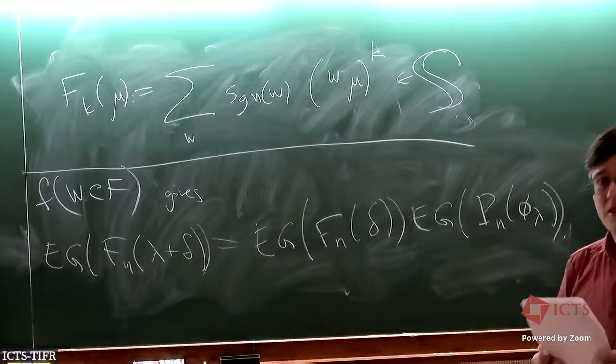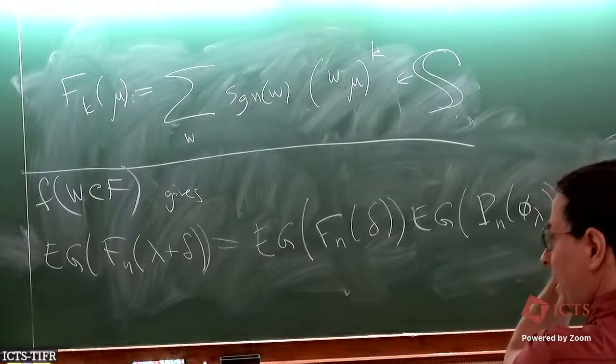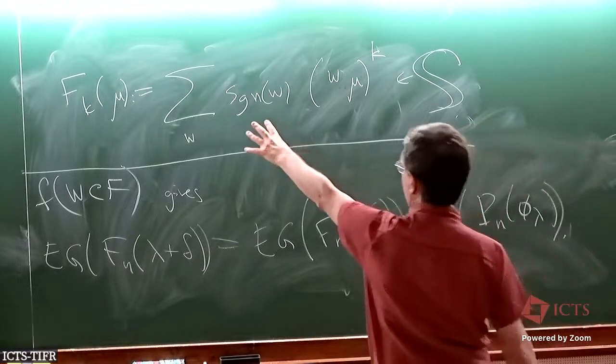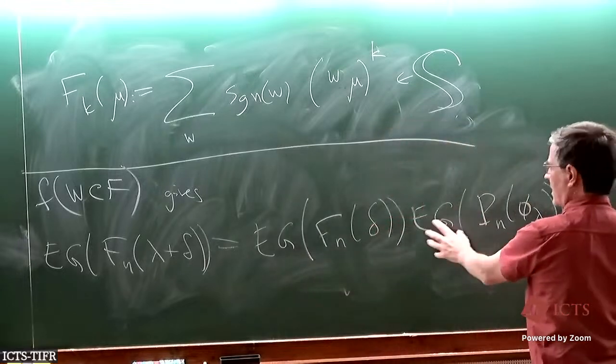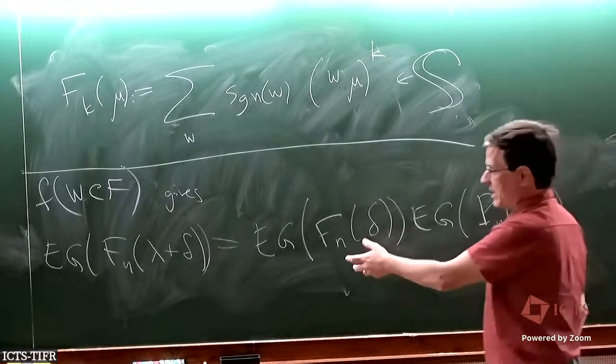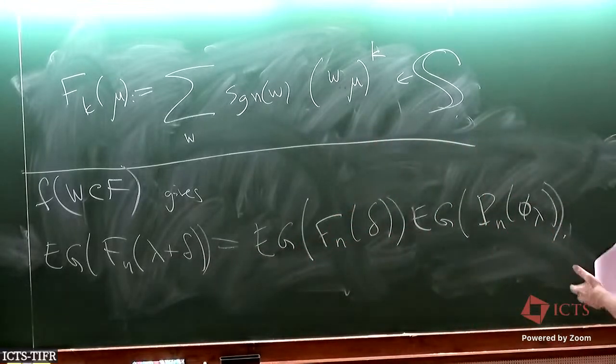Therefore, if I know this well, then I know the exponential generating function of the Pn of phi lambda by simply dividing, and of course I can read off the Pn of phi lambda.